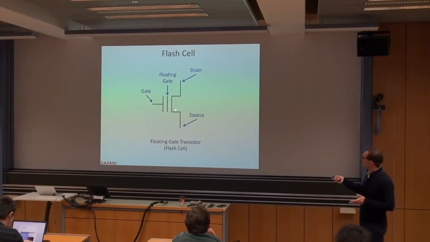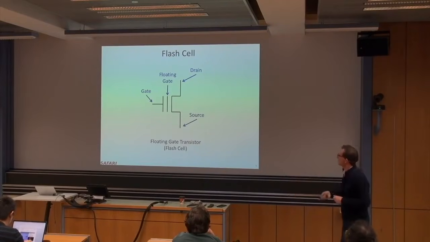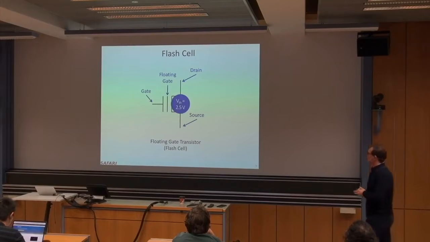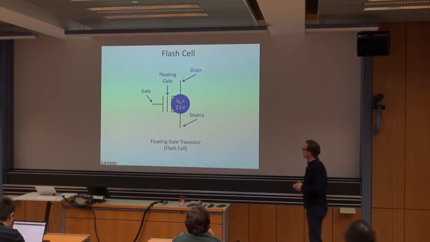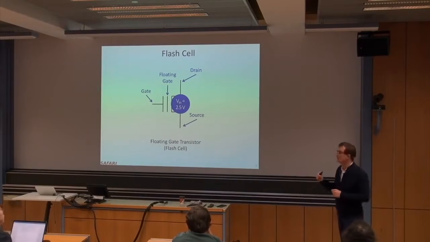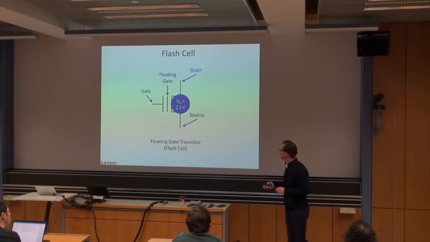Basically, you have this floating gate that traps charge and stores charge, and you have the drain, source, and gate, as you can see over here. The threshold voltage that you program the cell to determines the value that you store. This is usually programmed with what is called incremental step pulse programming.